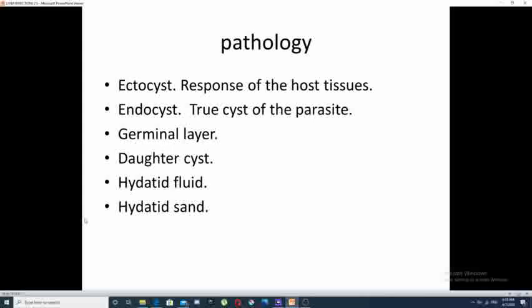These are the outer layer called ectocyst, which represents the response of the host tissue to the parasite. Second layer, endocyst or true cyst of the parasite, and the inner layer is the germinal layer.